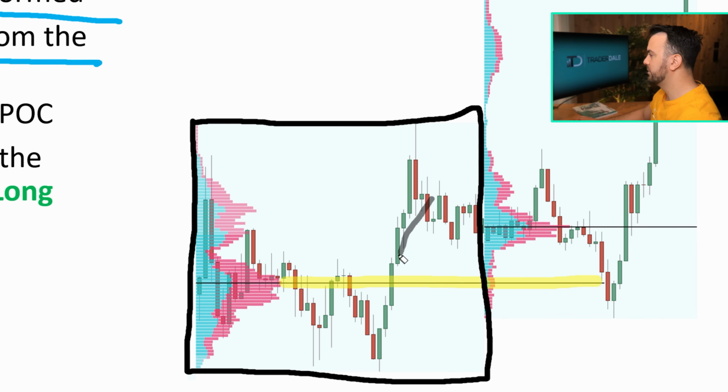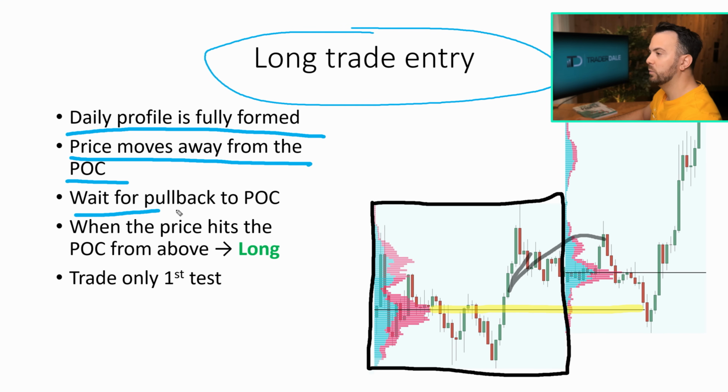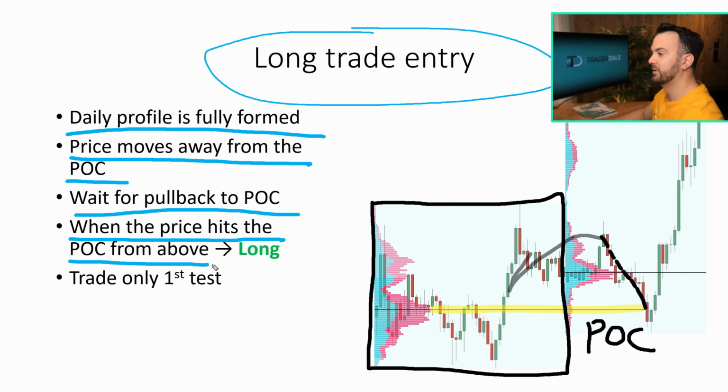So here the price moves away from the point of control, and then after this you wait for the pullback back to the point of control. So this is the point of control line, and you wait for the price to reach that point of control. Now when the price hits the point of control from above, then you go long.